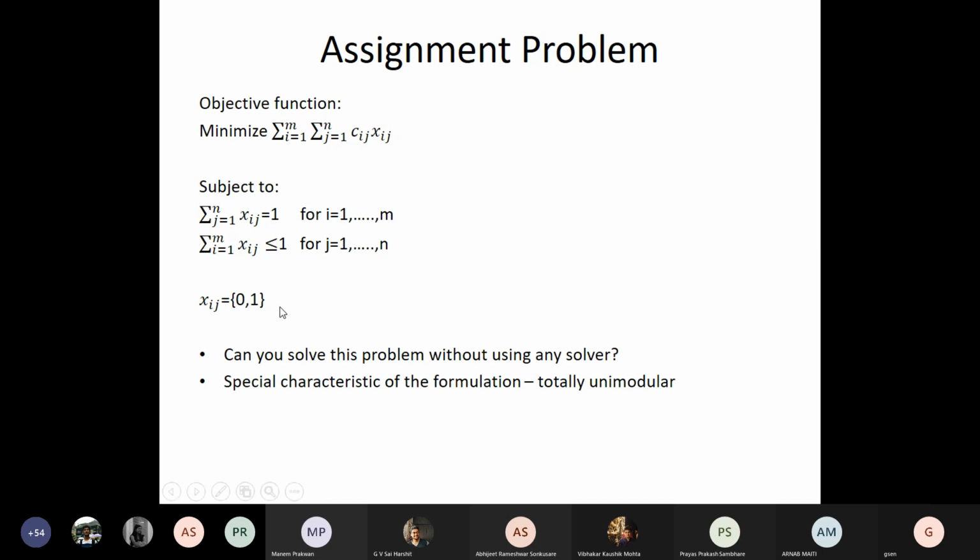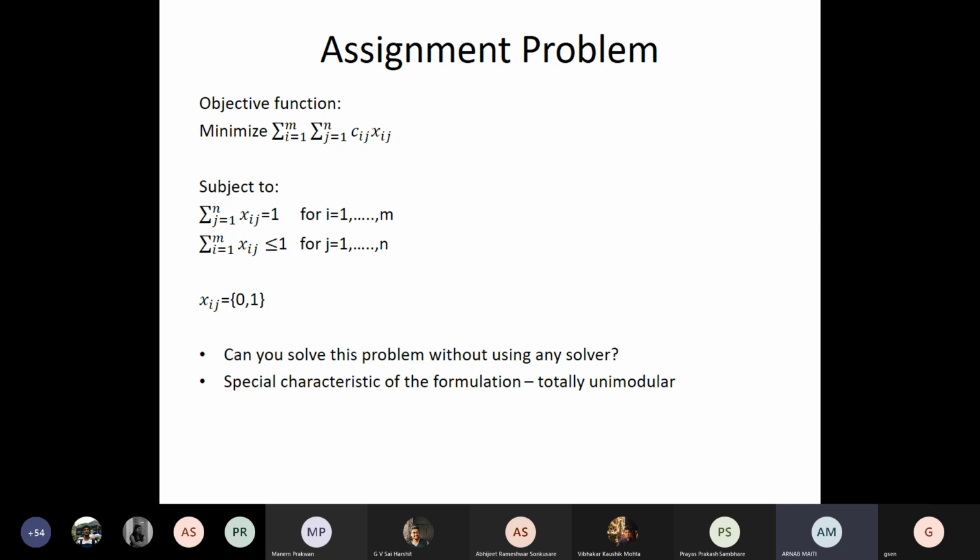Okay. The next question is that this type of problem, especially this assignment problem, can actually be solved by a simple algorithm. You do not need simplex or branch and bound or any complex method to solve it. It can be solved by a very simple algorithm called the Hungarian algorithm. I want you to read on your own what this Hungarian algorithm is and how it is used to solve an assignment problem.